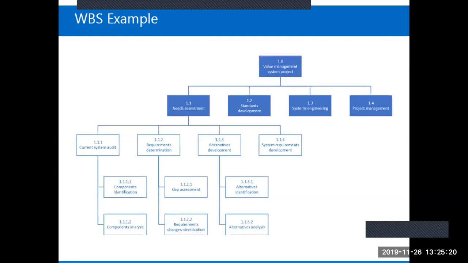Of course, it comes down at layers 1.1.1 and then comes down to 1.1.1.1 and so on. Then comes down again, breaks down. So each level details the scope down further to refined levels that are easily manageable.